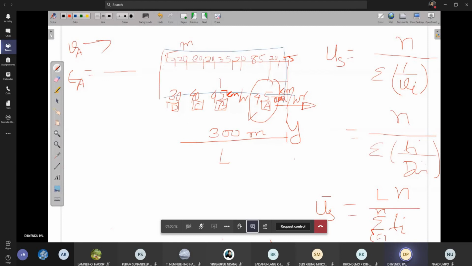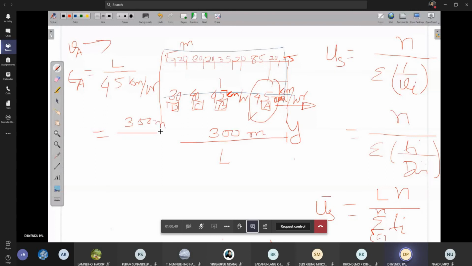Basically, this vehicle was crossing a section of length L, and it was maintaining a speed of 45 kilometer per hour. Can you write like that? It means this is equal to, you can put the value of L also.